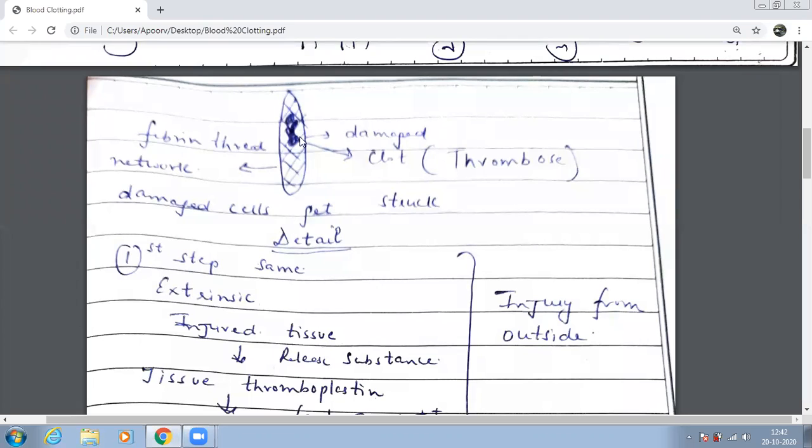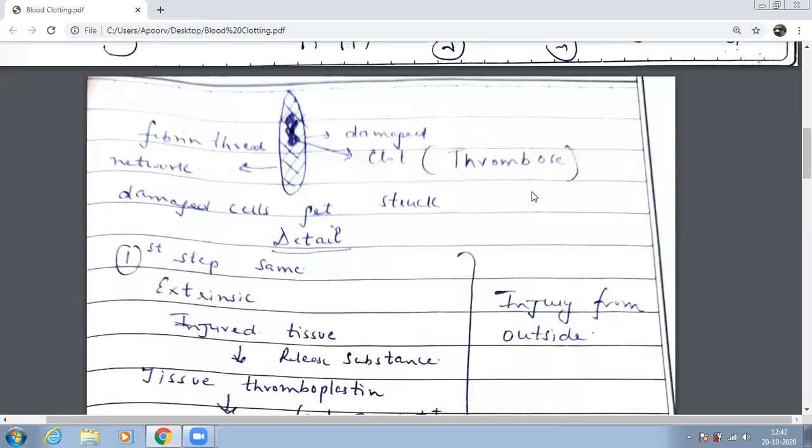Exactly the same over here. These damaged cells will get stuck in these holes between the threads. And this is what we call a clot. In biology, clot is known as thrombose. What is it called? Thrombose.